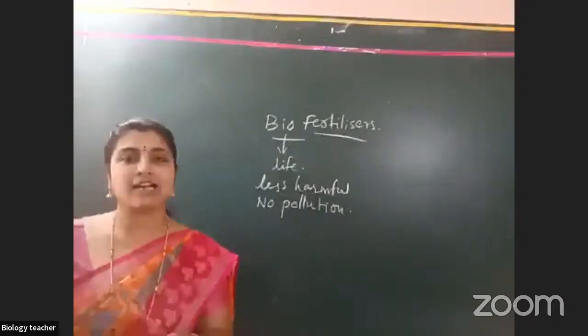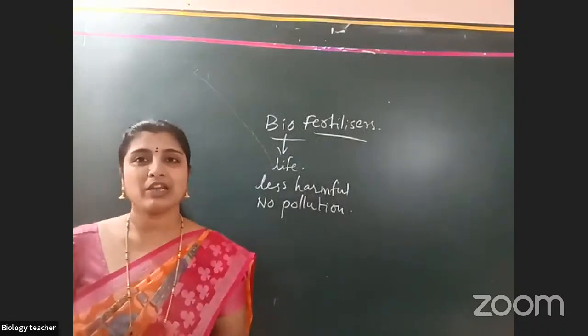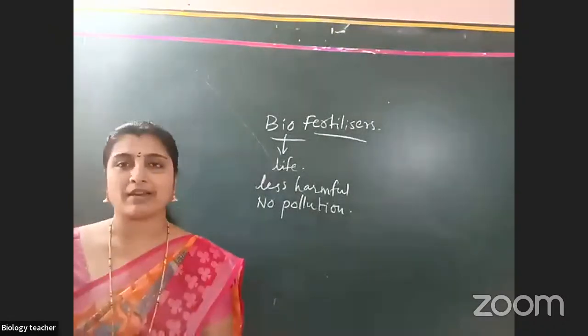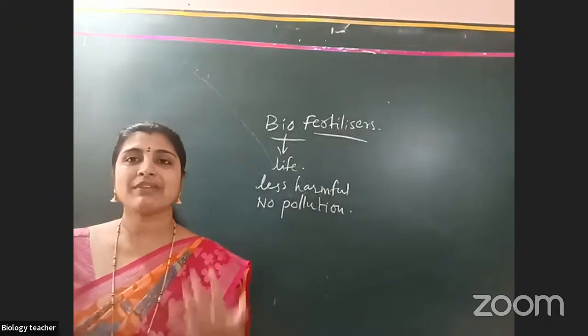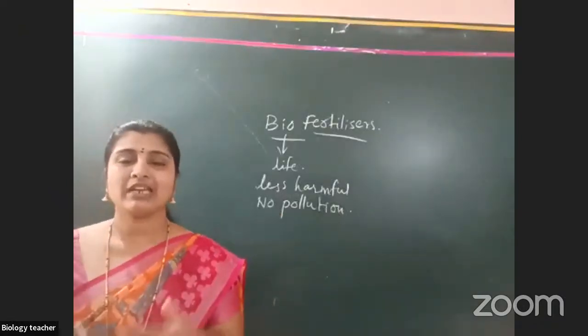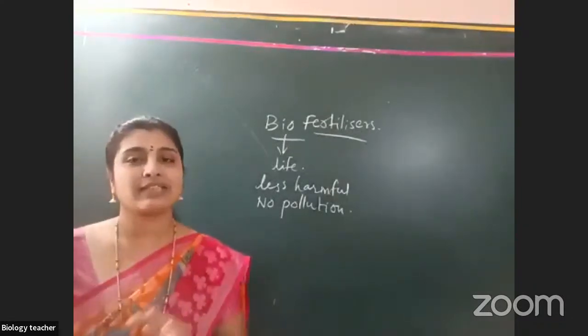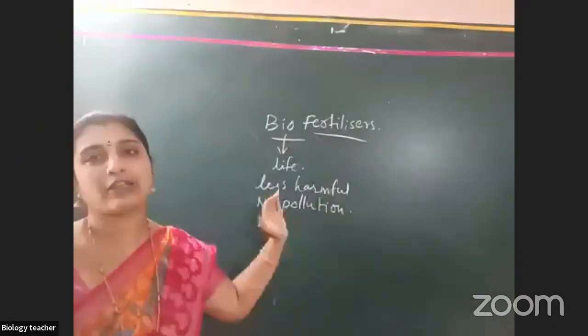If they take in those fertilizers, it will lead to death. Or sometimes, as omnivores, we collect fish from the aquatic medium and eat. If that fish contains fertilizers inside, it will cause damage to our body. So in order to get rid of that, what are we using?